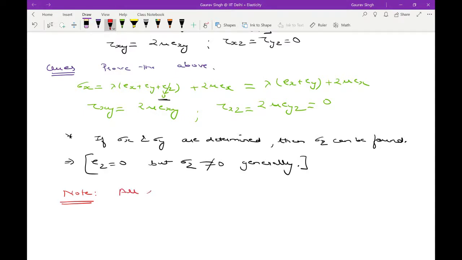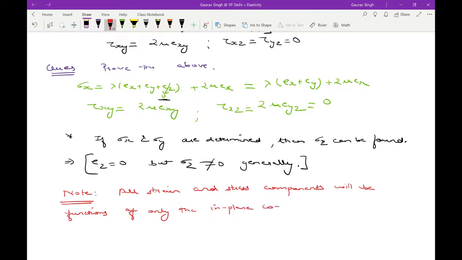All strain and stress components will be functions of in-plane coordinates x and y.